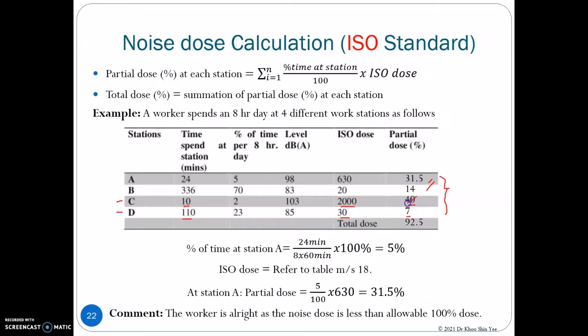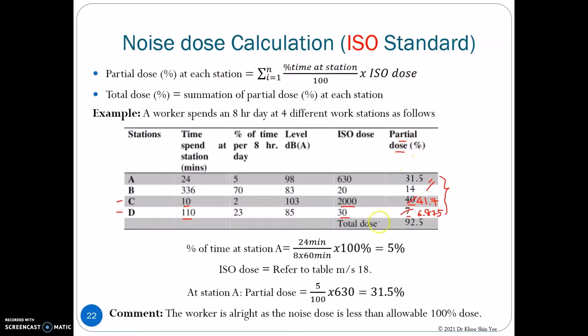There is some correction here. This should read 41.7% and this should read 6.875%. So the noise dose at each station is called the partial dose.